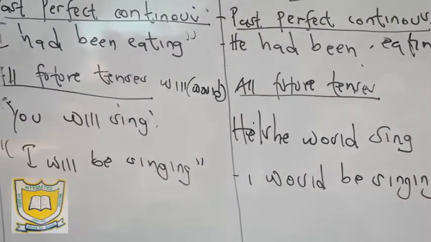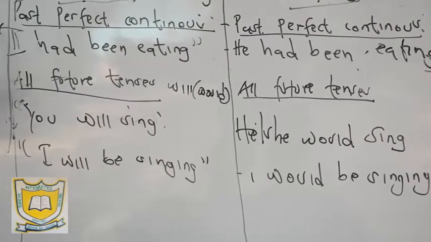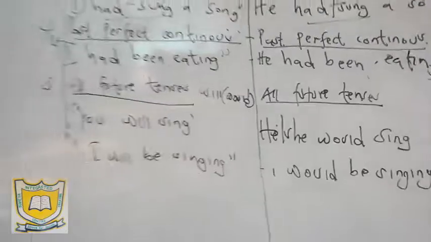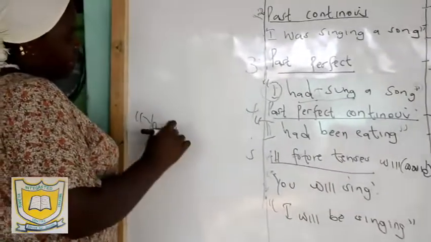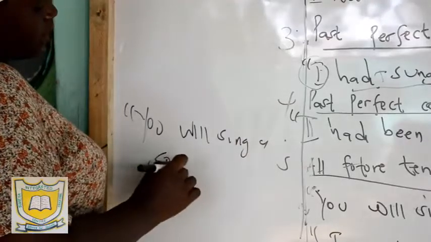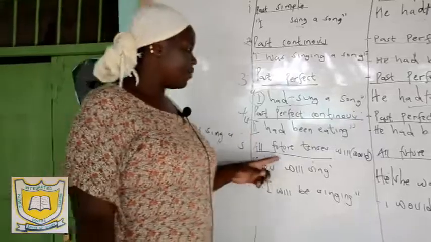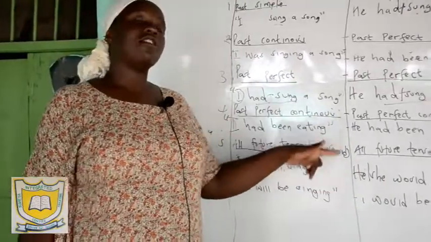Now we have the simple future tense. You will sing a song. I've changed my sentence: in all future tenses, will changes to would.